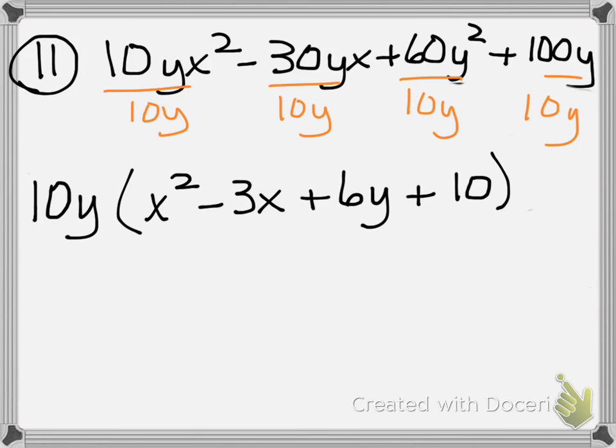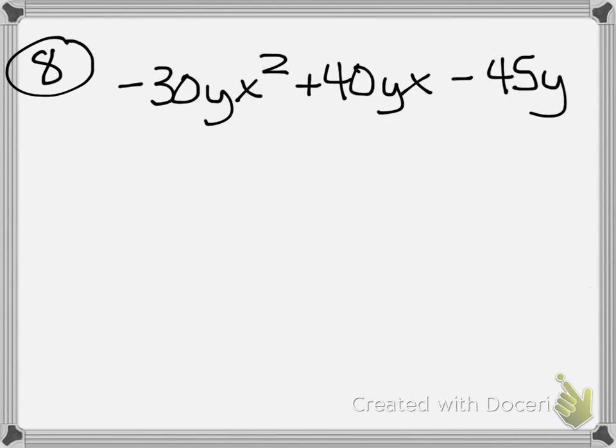All right, so from there, the next one that I am going to look at with you is number 8. Partly because of what happens with the signs. Okay, so here's number 8. And when we look at number 8, again, you want to find the largest thing that divides into everything.